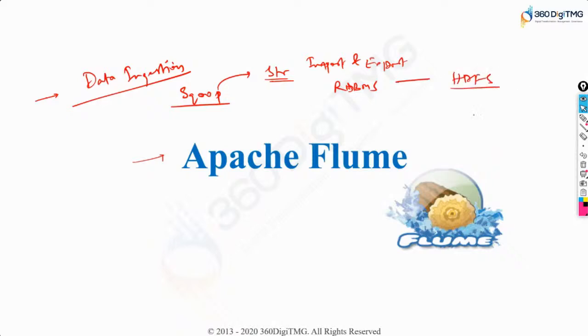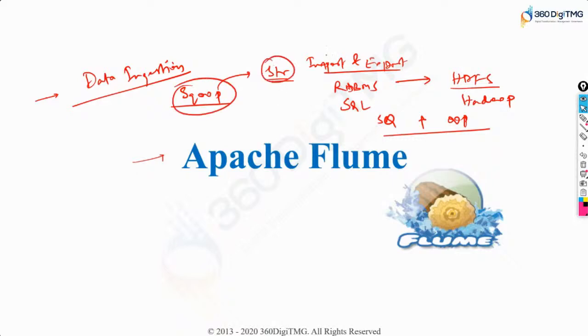HDFS is your big data platform. So we are going to do import and export using Sqoop. This is SQL based, and when I say HDFS, this is Hadoop. So here I'm taking SQ and here you're taking OOP. This is the combination, and this is your Sqoop. But remember, it only works with structured data.